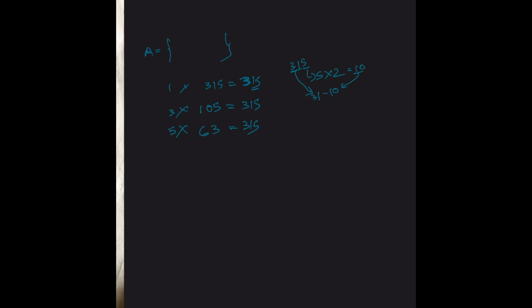And if the number that we get is divisible by 7, which it is, then 315 is divisible by 7. So 7 into 45 is 315. 315 is not divisible by 8, but 315 is divisible by 9.